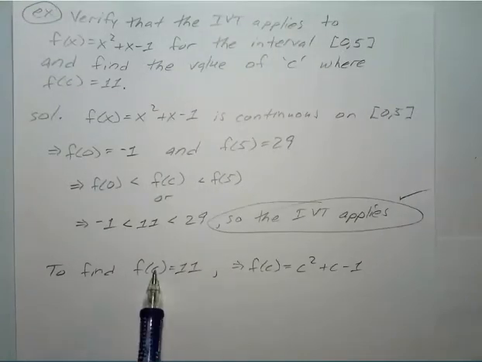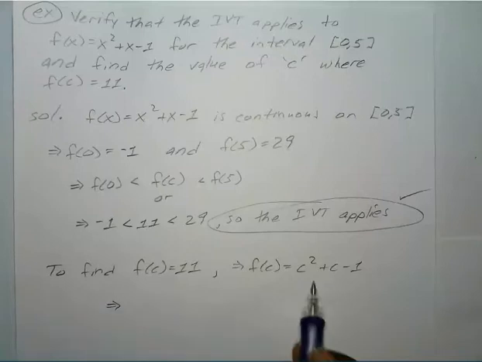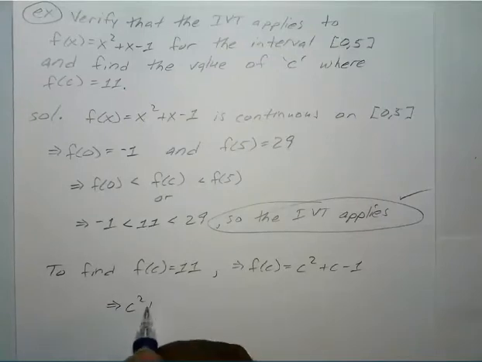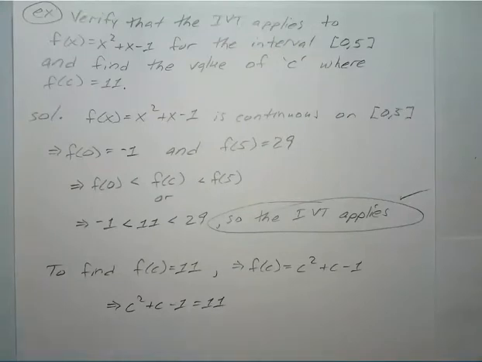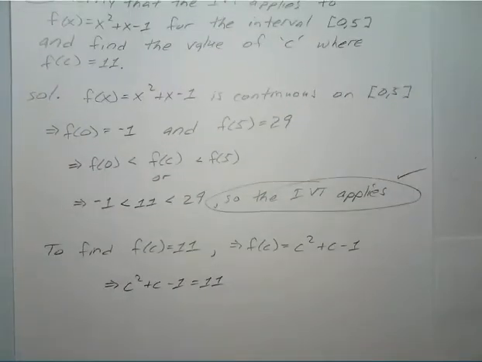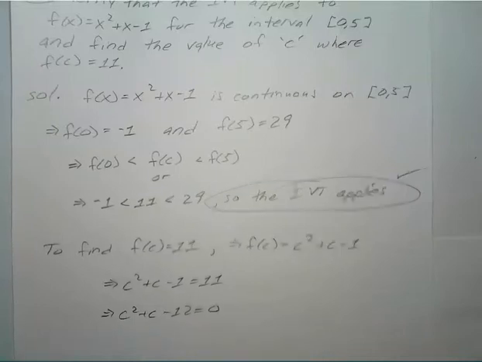So to find where f of c is equal to 11, we just find where c squared plus c minus 1 is equal to 11. Right? So all we have to do is set it to 0 by subtracting 11 from both sides. So we have c squared plus c minus 12 equals 0.